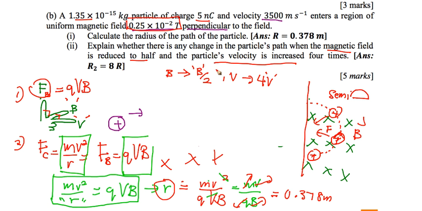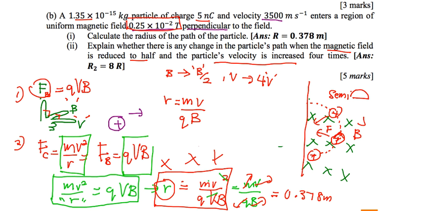If you look at the equations, the radius r from the first calculation, using the small r, is given by the equation mv divided by qB.